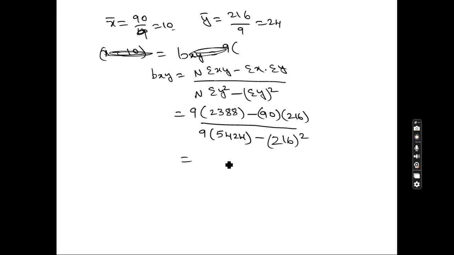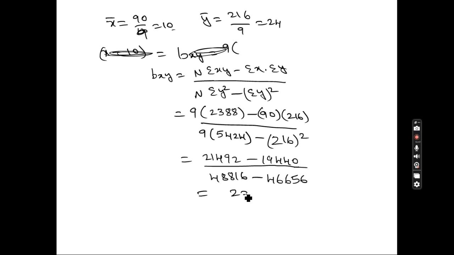So 9 into 2388 is nothing but 21492, minus 90 into 216 is 19440. Divided by, so 9 into 5424 is nothing but 48816, minus 46656. If you subtract this value, you will get 2552 divided by 2160.